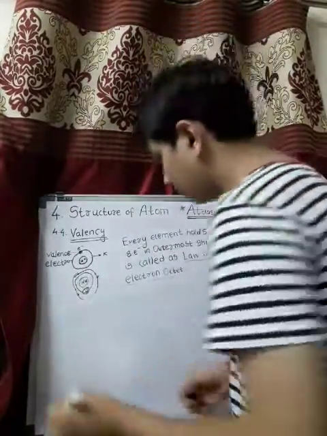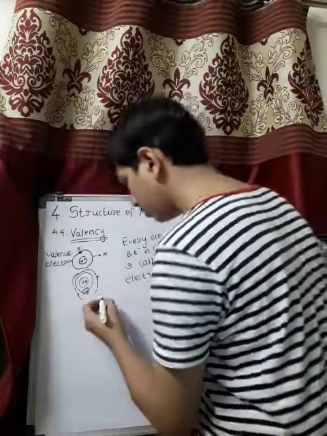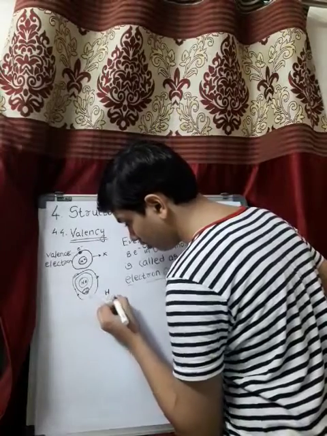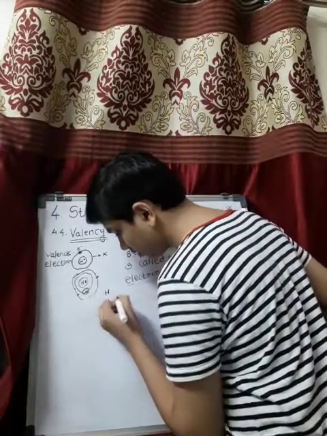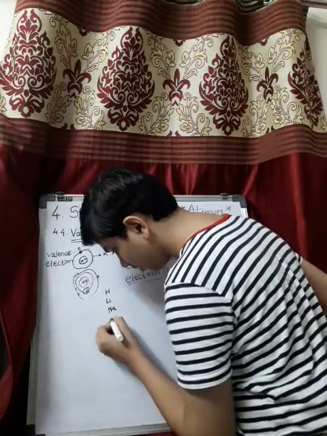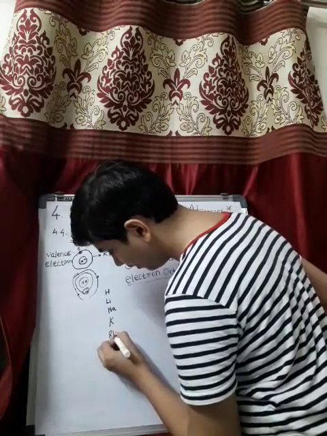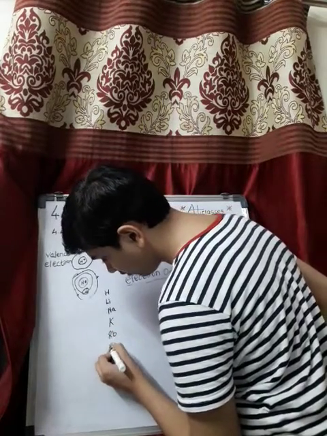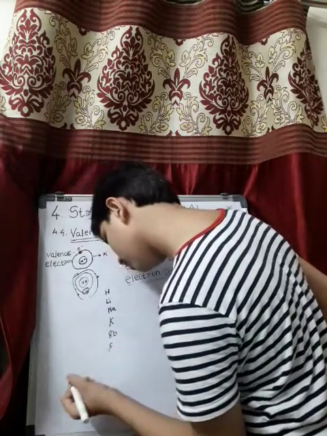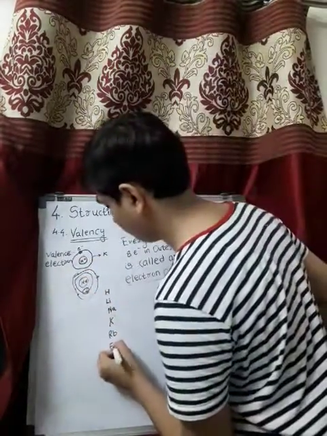In the modern periodic table, first comes hydrogen, right? We all know. Then comes lithium. Then comes sodium. Then comes potassium. Then comes rubidium. Then comes francium.